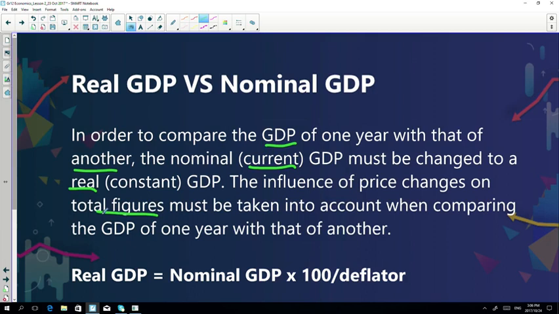Remember, we're looking at economic activity and we want to establish whether there's been more or less economic activity taking place. Like I said earlier on, these comparisons are very important in order for us to be aware of whether there's been an improvement or whether things are getting worse.